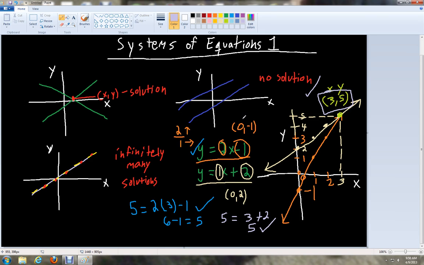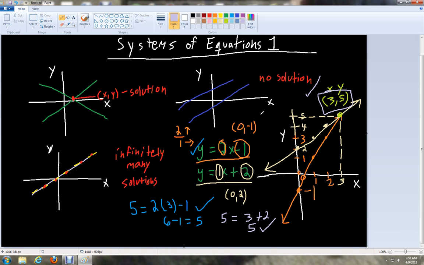This has been McGahee with McGahee Mathematics on Systems of Equations, video number 1, with graphing. Just to recap, we have a system of two equations with two unknowns, and we graph both lines to see if they have a point of intersection. If they do, they have a solution.